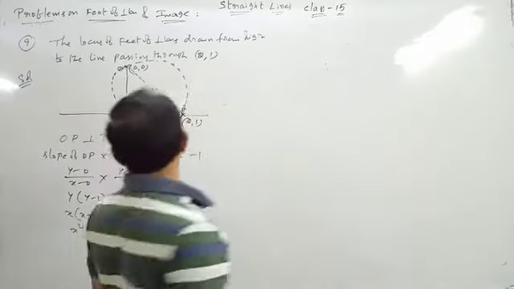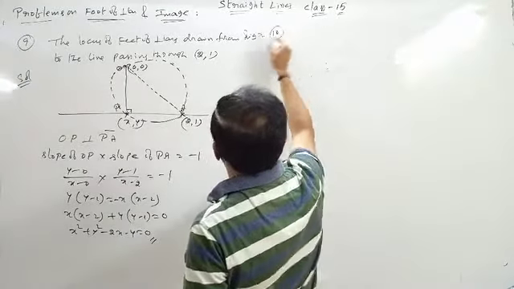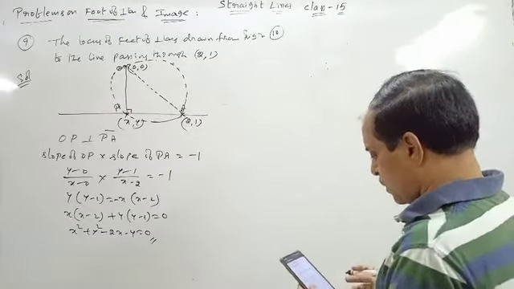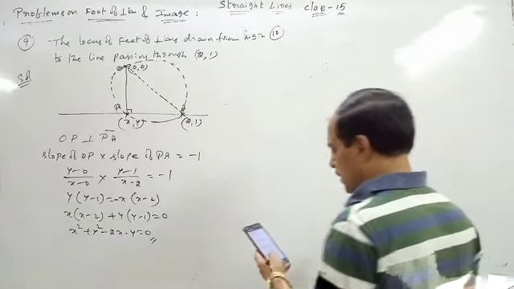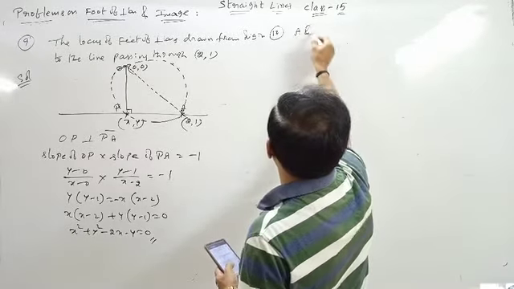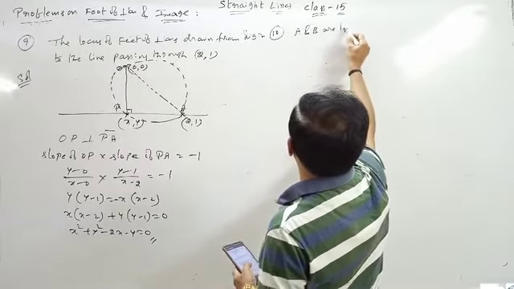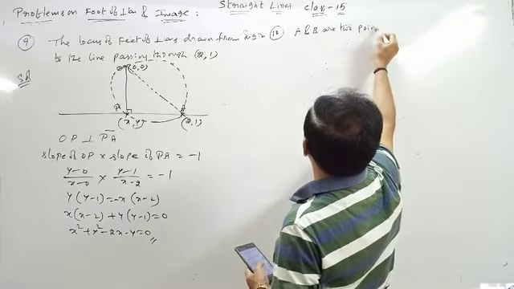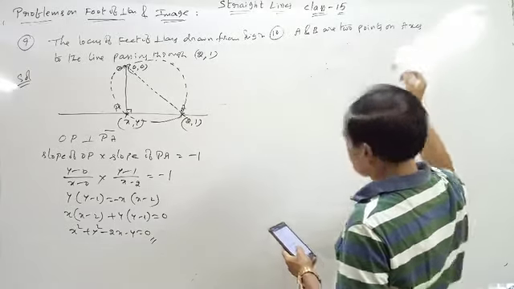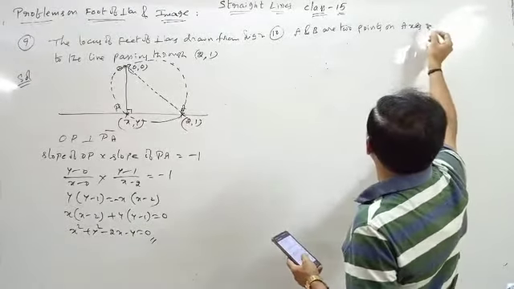Okay. Now one more question. That is, A and B are 2 points on the axes. Axes means x axis and y axis.